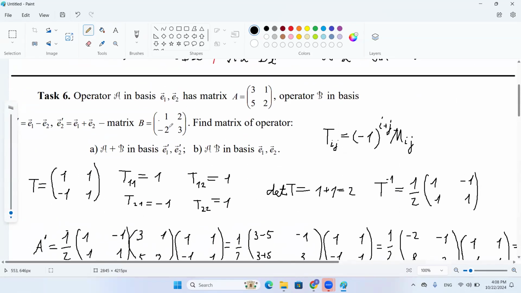So for section B, we need to find the product of AB in basis E1, E2, not prime. So matrix A, okay, we have it. And how to find matrix operator B in the initial basis? Do we have everything for it, or do we need to find one more transition matrix?